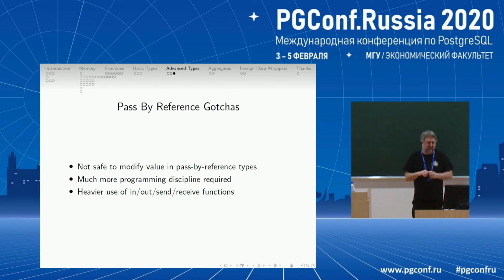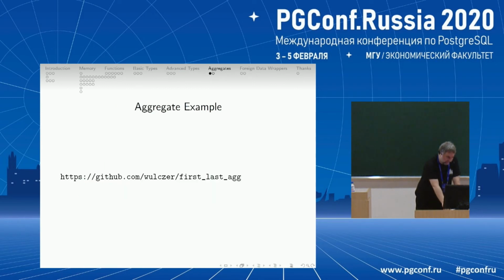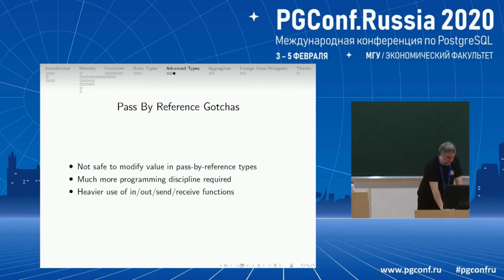So in general, when you want to change a value, you're going to actually have to allocate again and change it. There are very, very few examples where that's safe. And then, of course, that means you also have much, much heavier use of send and receive functions, and the in and out ones.